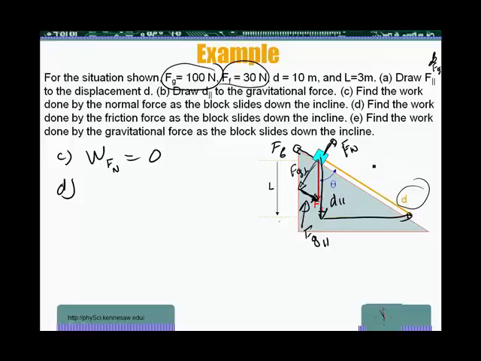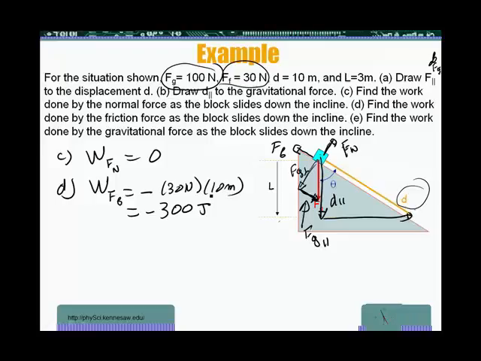This is the direction of my displacement. They are opposite in direction. So the work due to friction is opposite in direction to d. So it's minus 30 newtons times 10 meters. So in this case, that would be minus 300 joules.